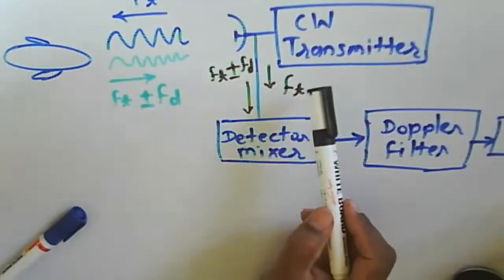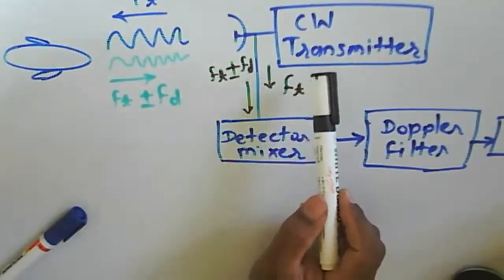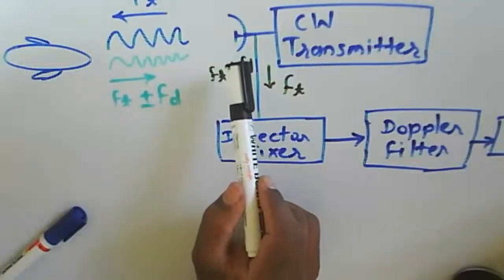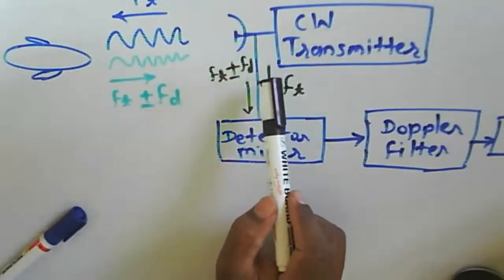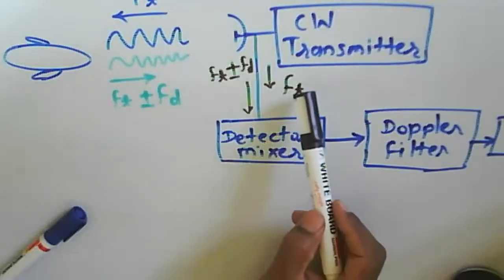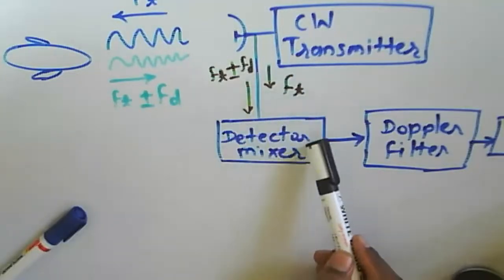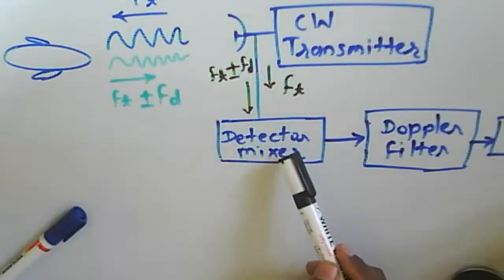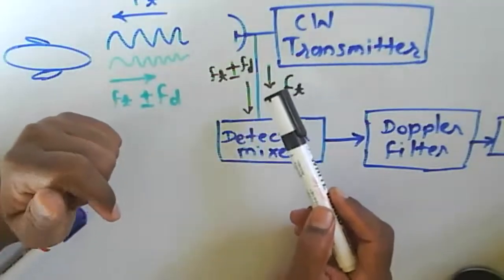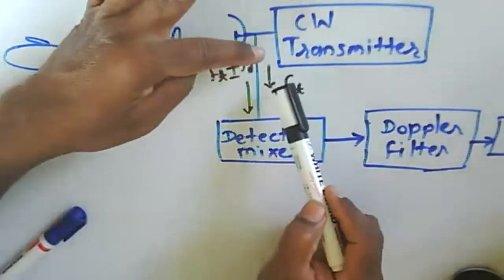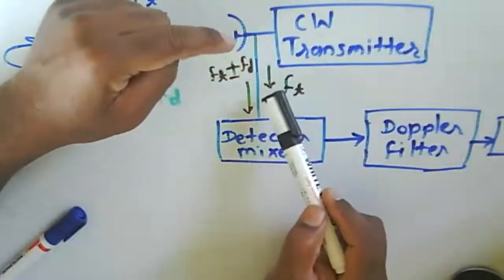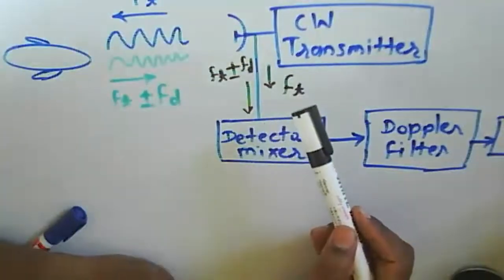Because generally we are using a high power signal to be transmitted to the target. If the same high power signal is received at the detector, the detector may get damaged. So that's why whichever signal reaches this mixer from the transmitter, that level will be very, very low. Or we can say in another way, this ft is nothing but the noise portion of a transmitter.